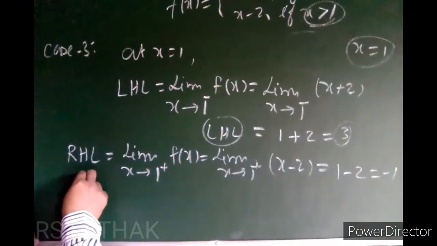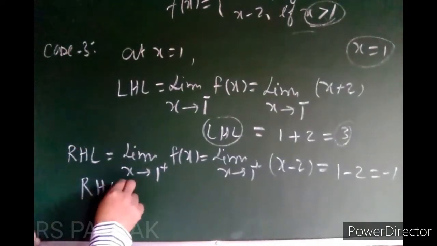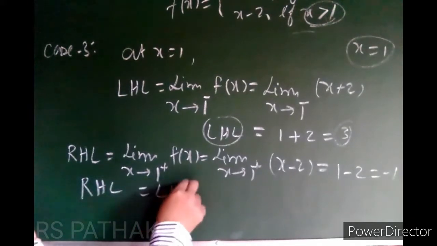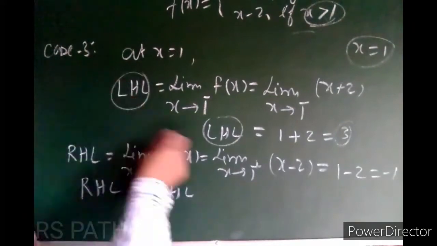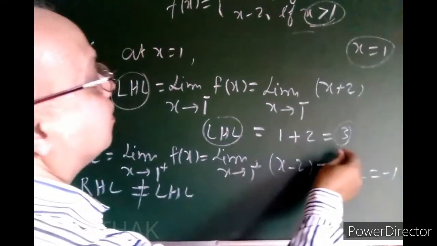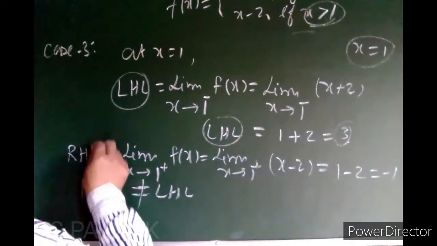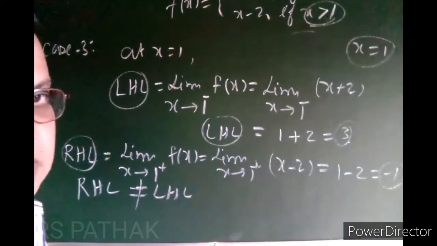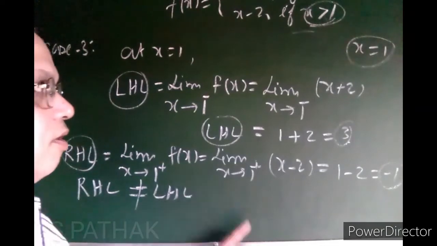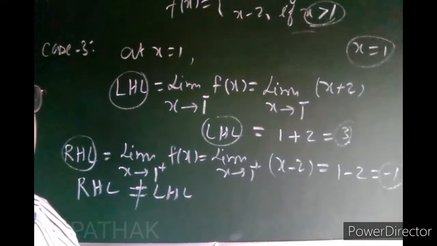Here the right hand limit and left hand limit are not equal, because the left hand limit is 3 and the right hand limit is minus 1. Both are not equal. Therefore, this function is not continuous at x equal to 1.